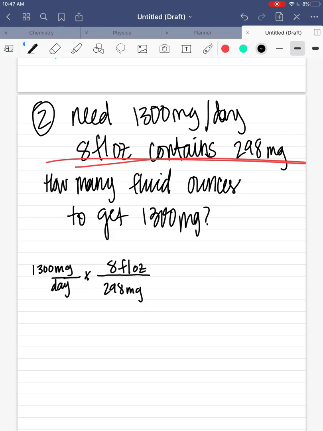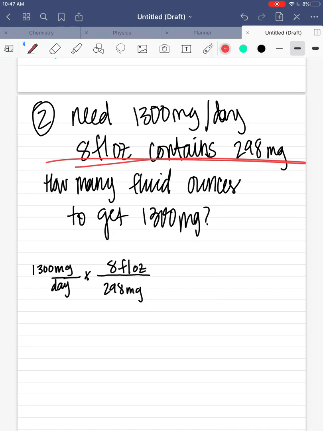Okay, now notice how I set this up. Because the goal is 1,300 milligrams per day, I put that in a fraction, milligrams per day. So now I've got milligrams on the top and milligrams on the bottom. I did that on purpose so that milligrams will go away.